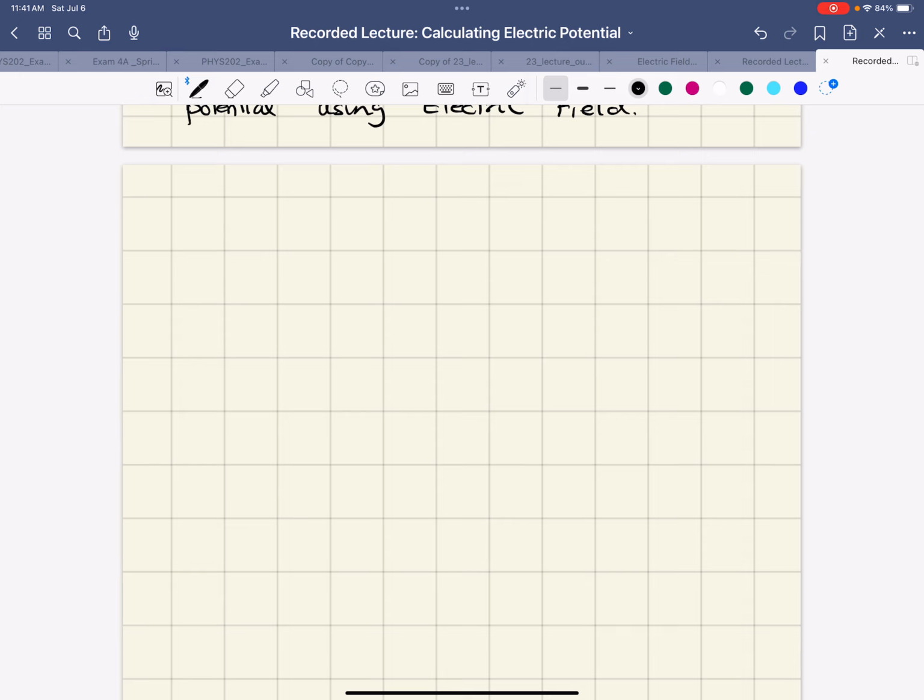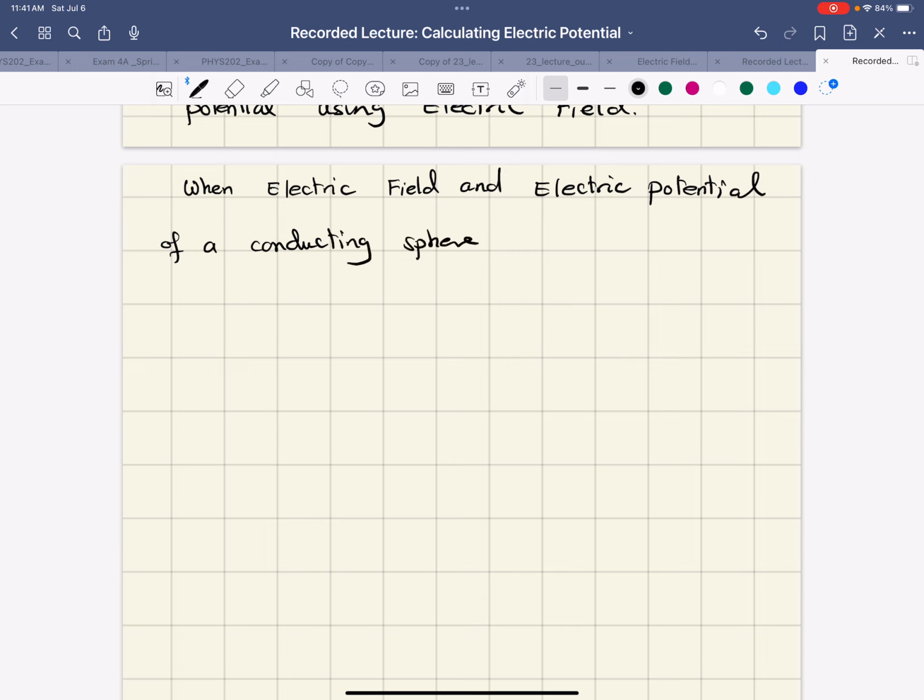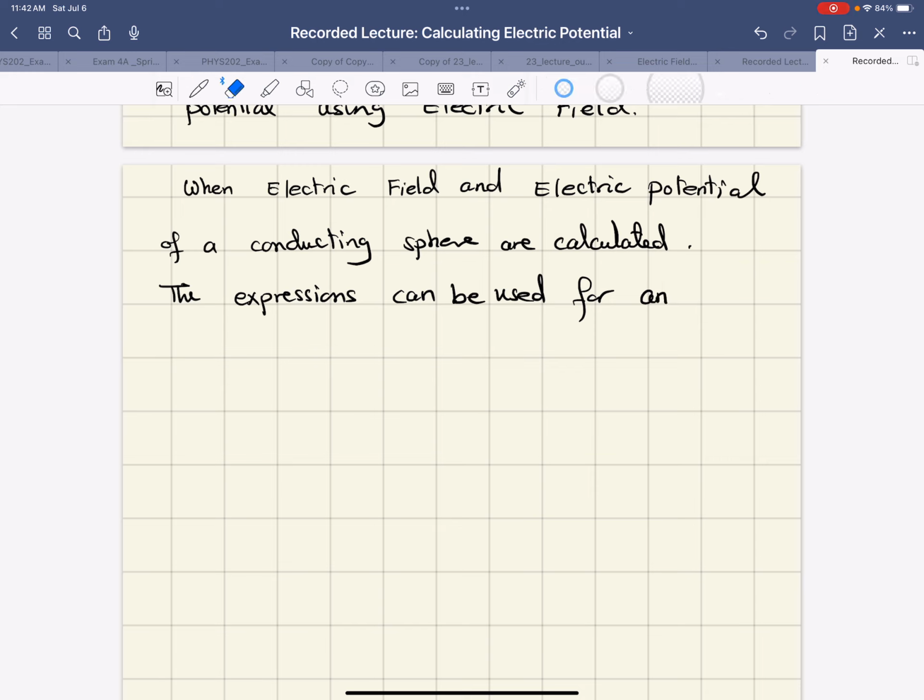One thing that I want to say before I start: when the electric field and electric potential of a conducting sphere are calculated, the expressions we have can be used for a conducting shell, okay?